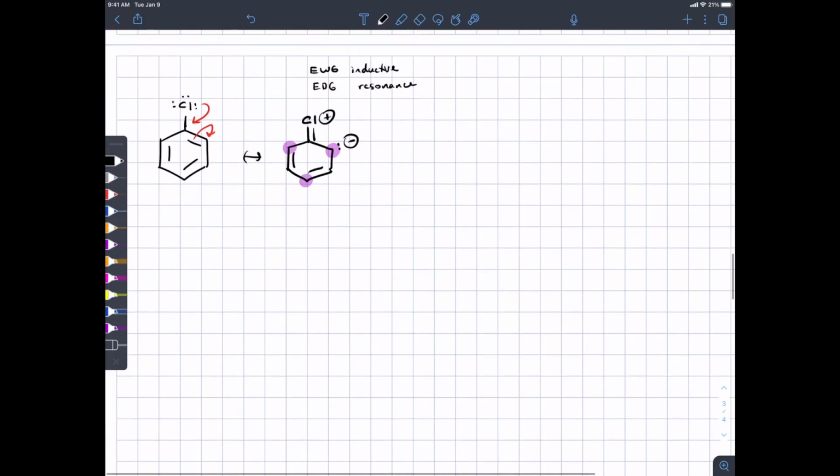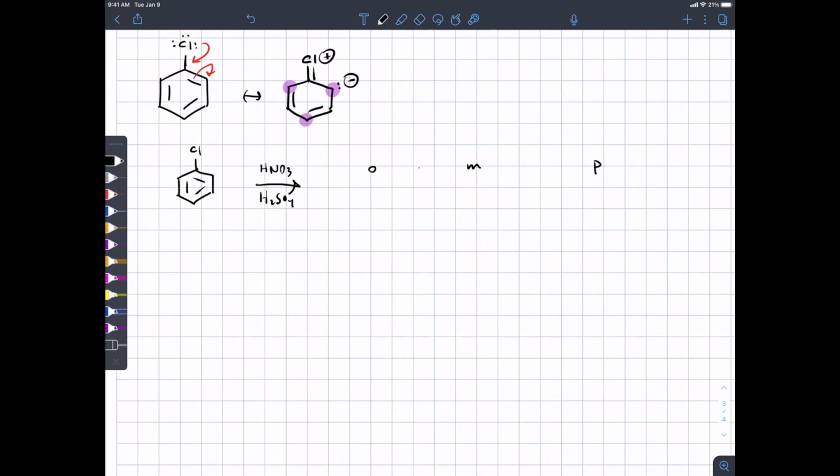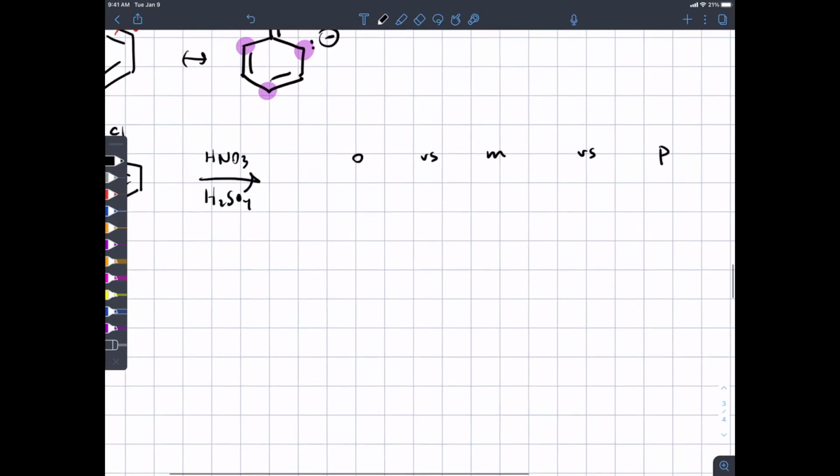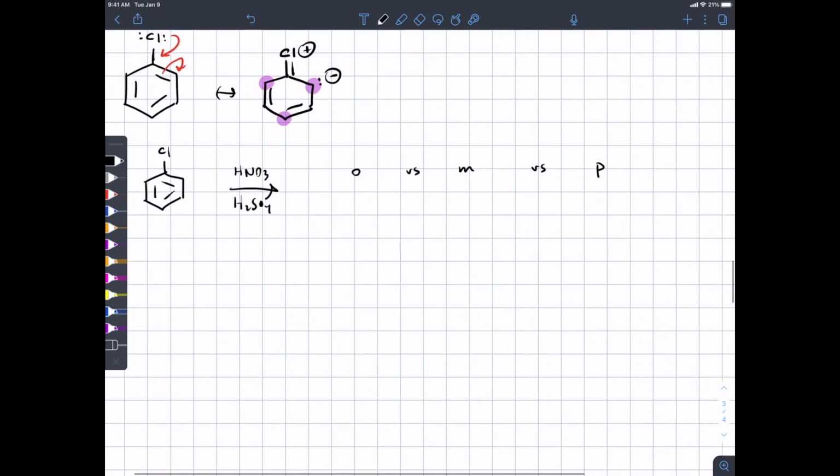So let's draw what the intermediate would be in the following reaction. Here's chloro, we're doing the nitration reaction, and we want to determine whether we're going to get ortho, meta, or para substitution products. So let's draw the intermediate that would come from ortho substitution.